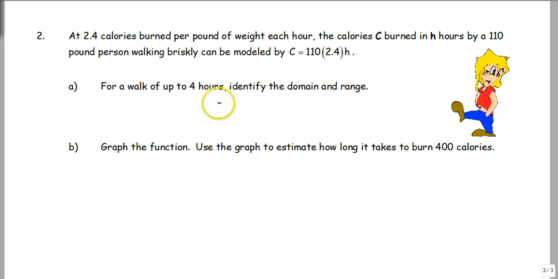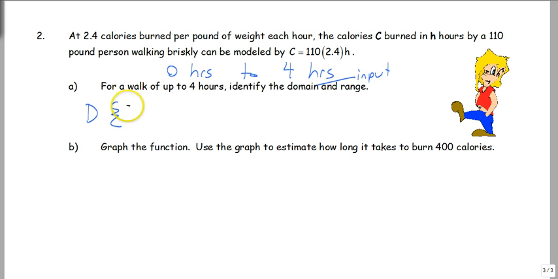Alright, so up to 4 hours, which means we can go from 0 hours to 4 hours. So the domain here, and this is how we're going to represent the domain. The domain is all values, and since our domain is our input, my input values can be 0 to 4 for hours.